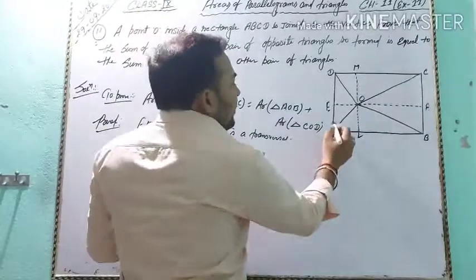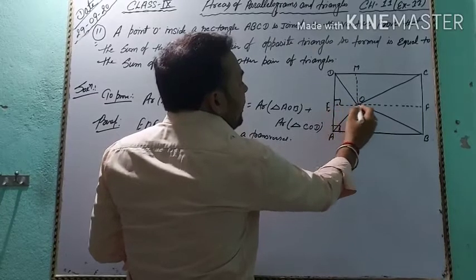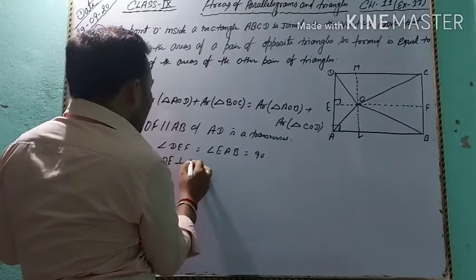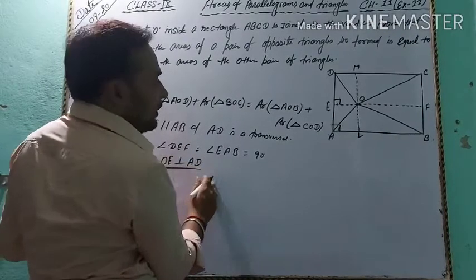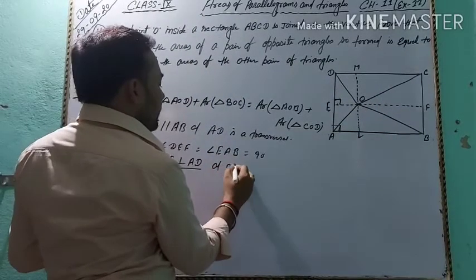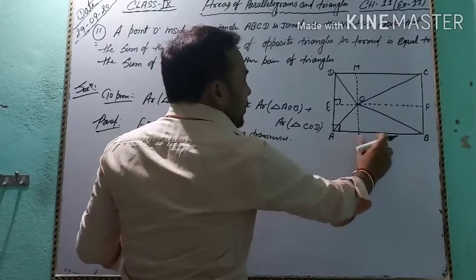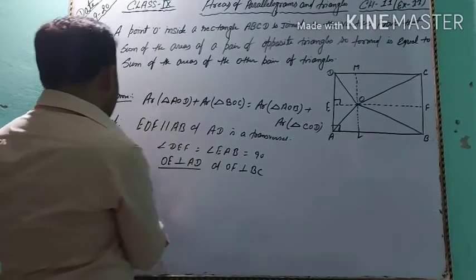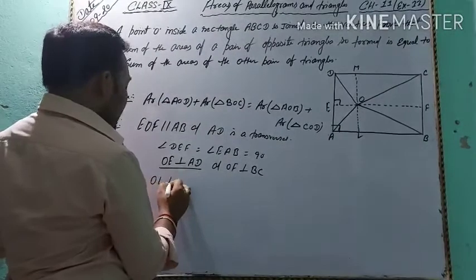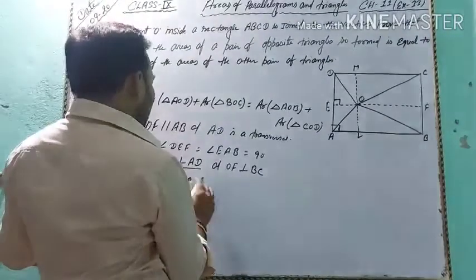So DEF is also 90 degrees. So OE is perpendicular to AD and OF is perpendicular to BC. Similarly, OL is perpendicular to AB and OM is perpendicular to DC.